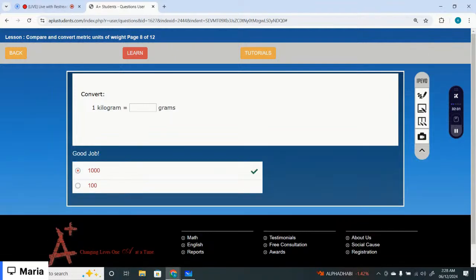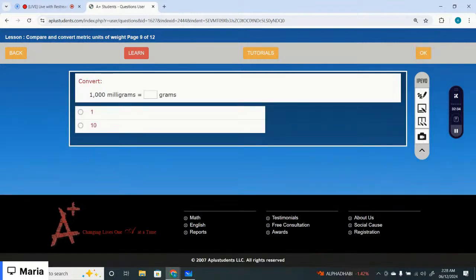Option number 1 is the correct option. 1000 milligrams equal how many grams? 1000 milligrams equal 1 gram.